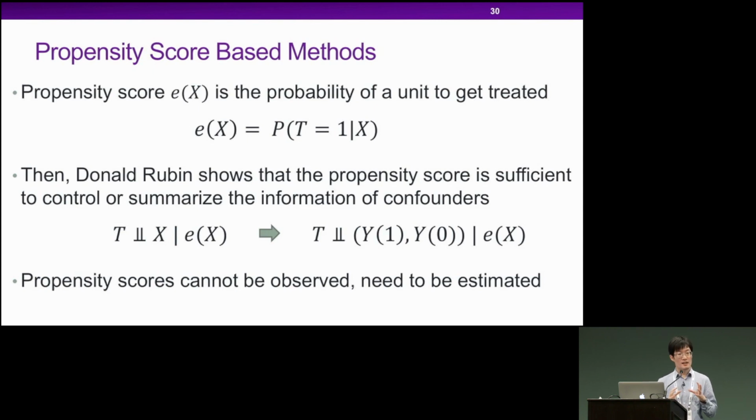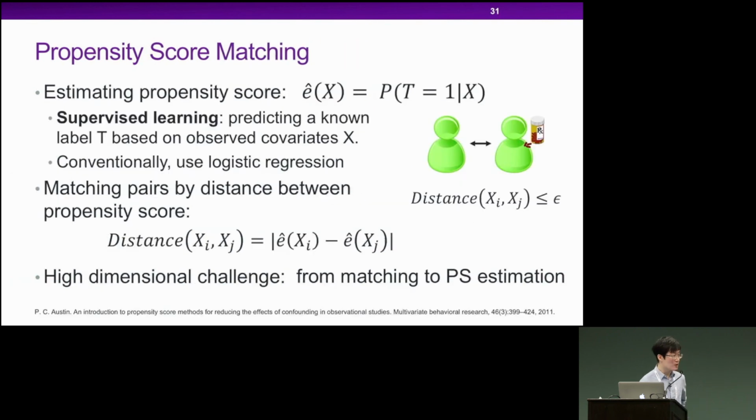In matching, we need to match two high-dimensional vectors. But in the propensity score matching method, we only need to match two scores. So this is more friendly with a high-dimensional setting. But the problem is the propensity score cannot be observed, and we need to estimate it. How can we estimate it?